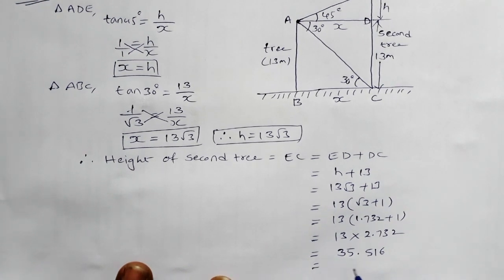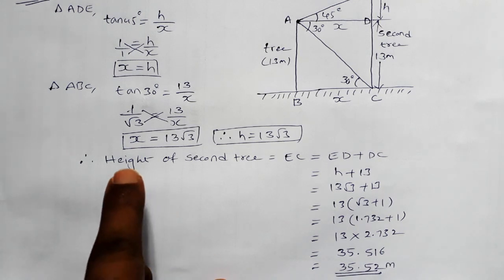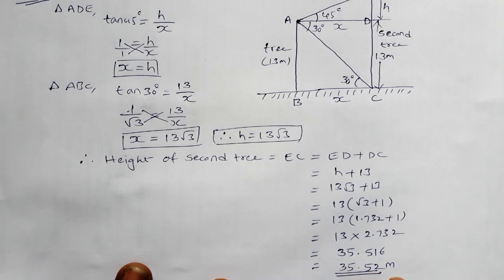So up to 2 decimal places we will write 35.5. Two decimal places means up to here we have to write. After 1 we have 6, that is more than 5, so we have to add 1 to the previous number. 1 plus 1, 2. That's all. Meters. That is the height of the second tree, 35.52 meters.